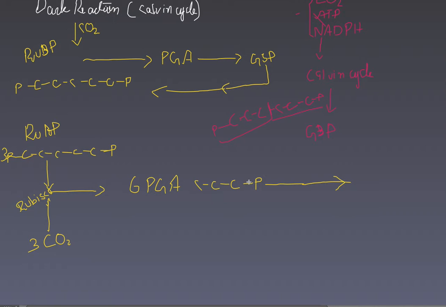And what happens next is that with the help of ATP and NADPH, which we were able to generate during the light reaction, the plant uses 6 ATP molecules and ends up with ADP plus a phosphate group. Along with that, NADPH is reduced to NADP plus. That's a plus.